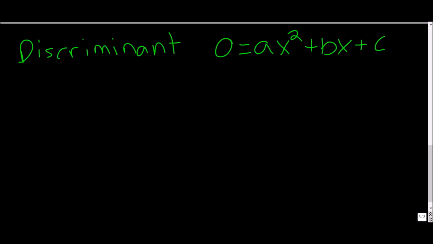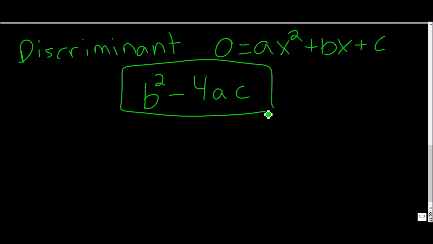Well, the discriminant is the following: b squared minus 4ac. That is what our discriminant is. This little expression here tells us a lot about what's going on with a quadratic equation. It's going to tell us what kind of roots we have. It's not going to tell us what those roots are, but it's going to take us pretty close.